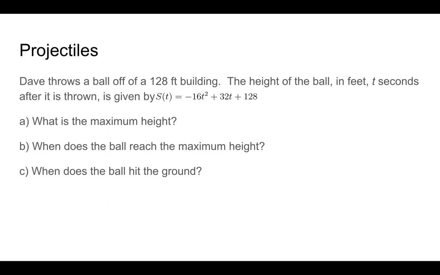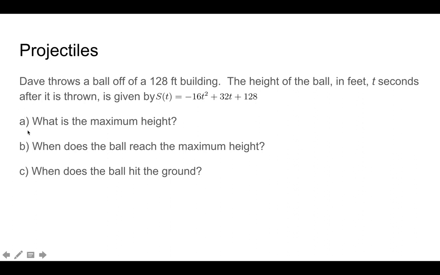Remember, vertex is h, comma, k. H here will be a time. That will be part B. And then K, the y value of the vertex, will be the maximum height. That'll be part A. So we're actually going to solve part B before we solve part A.